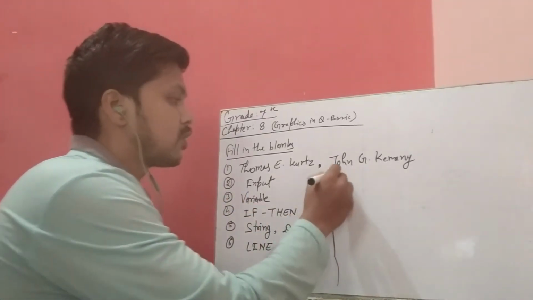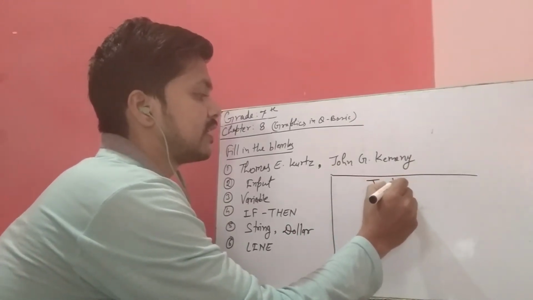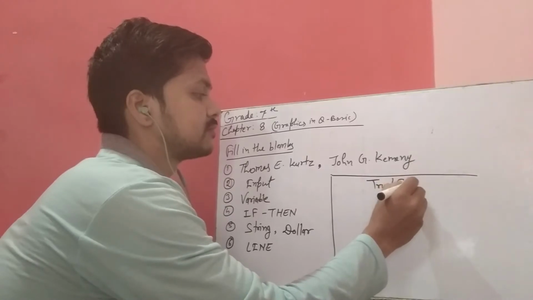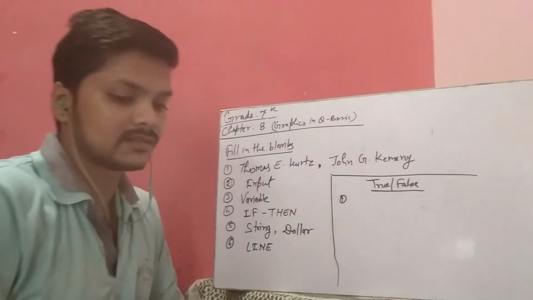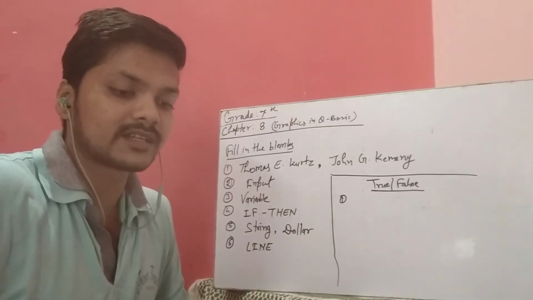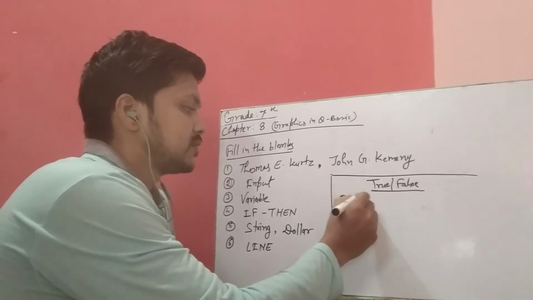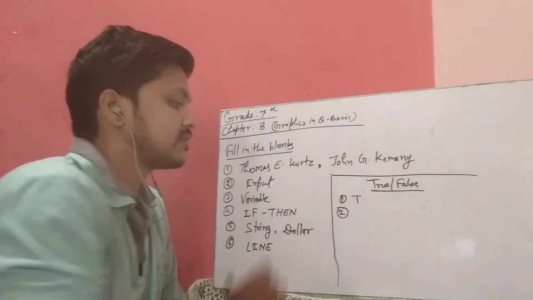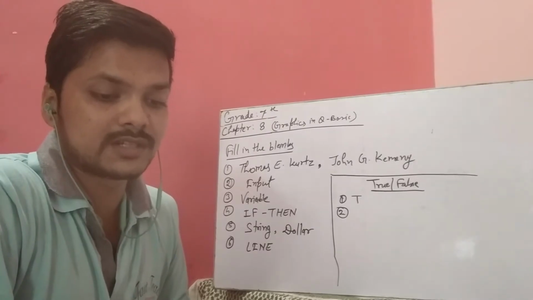Now in this block we will solve the true or false of this chapter, that is the next exercise. Now first one, I am reading that one. The circle statement is used to draw a circle. Yes, correct. Circle is used for that to create a circle. Second, the play feature in QBasic is used to generate movies.